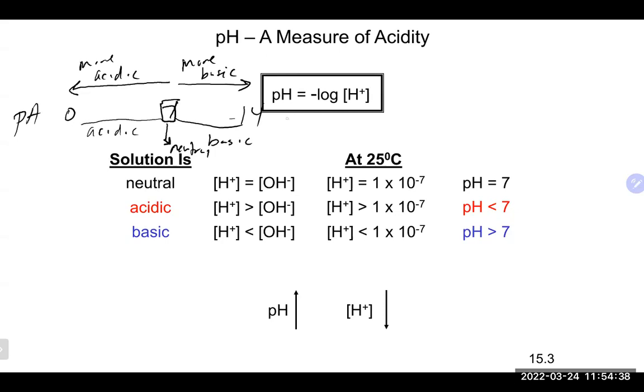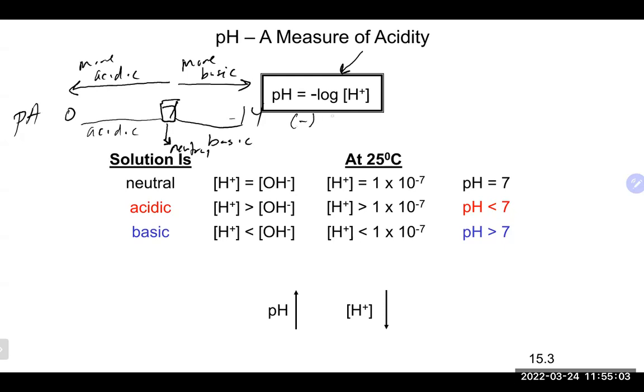This is our formula here to calculate the pH. The pH is equal to minus the log of the H plus concentration. Again, same thing as you might see, minus the log of the H3O plus concentration. So same idea. Now, speaking of calculators, depending on your calculator, you do one of two things. If you have a display calculator, you put everything in exactly the way you see it.